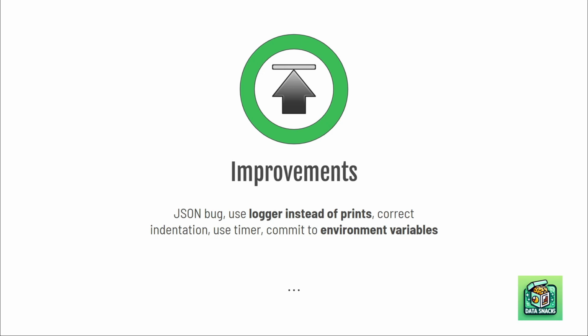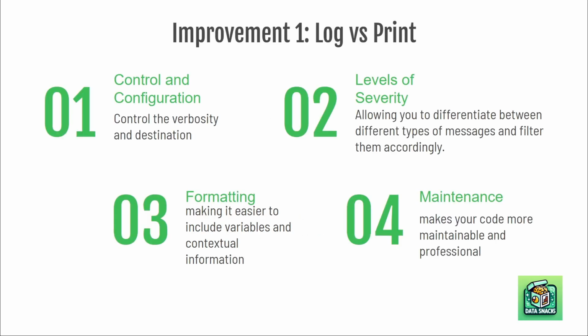The idea is to improve the project, and we have a few things to solve and fix. First, let's manage improvement number one, logs versus prints, because we have different approaches.